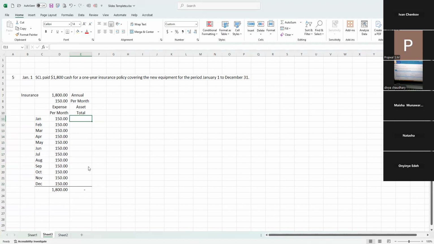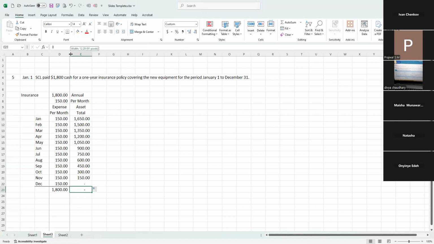How much will be my balance of the insurance at the end of January? It's going to be the 1,800 minus 150, which is 1,650. Next month will be that one minus 150, and every month it's going to go down by 150 until it goes to 0. Make sense?